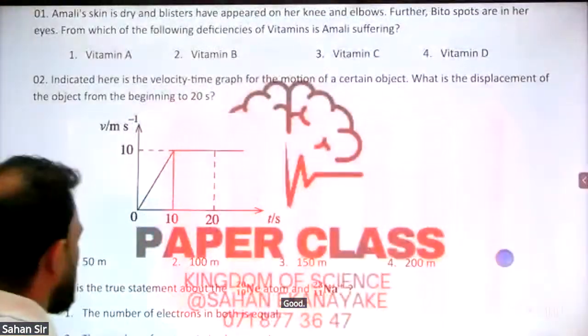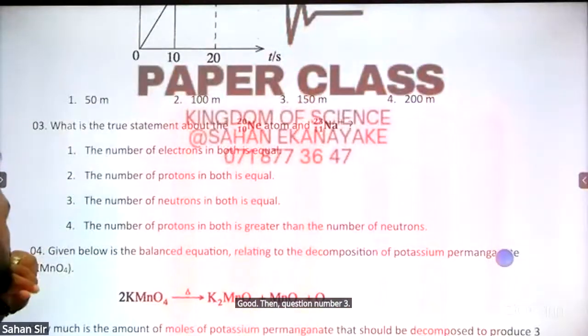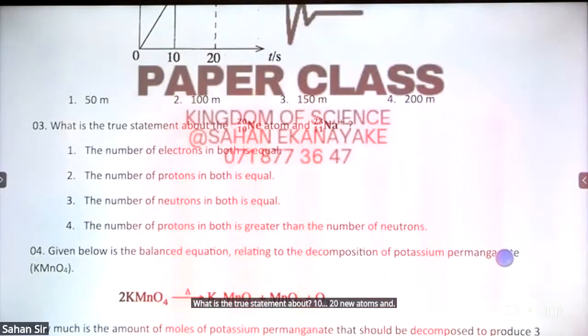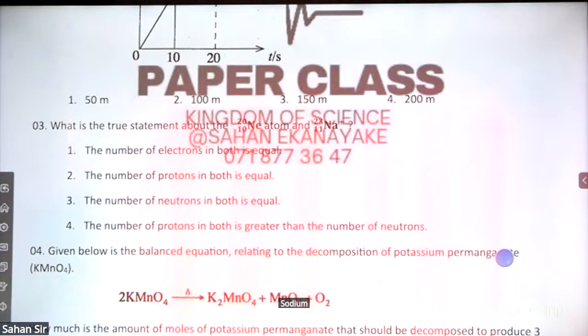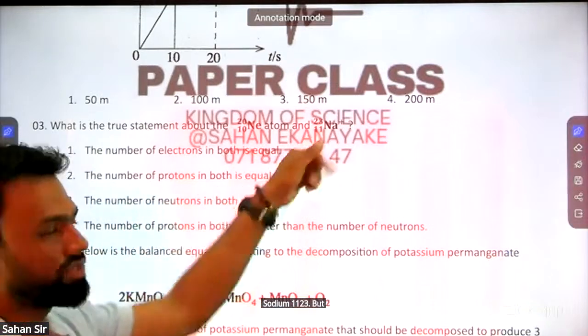Then question number 3. What is the true statement about neon 10, 20 atoms and sodium 11, 23, but in here positive.